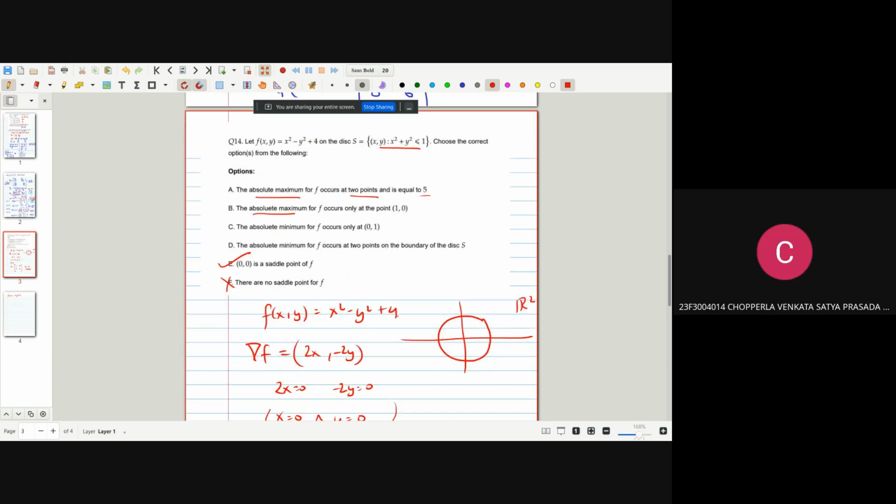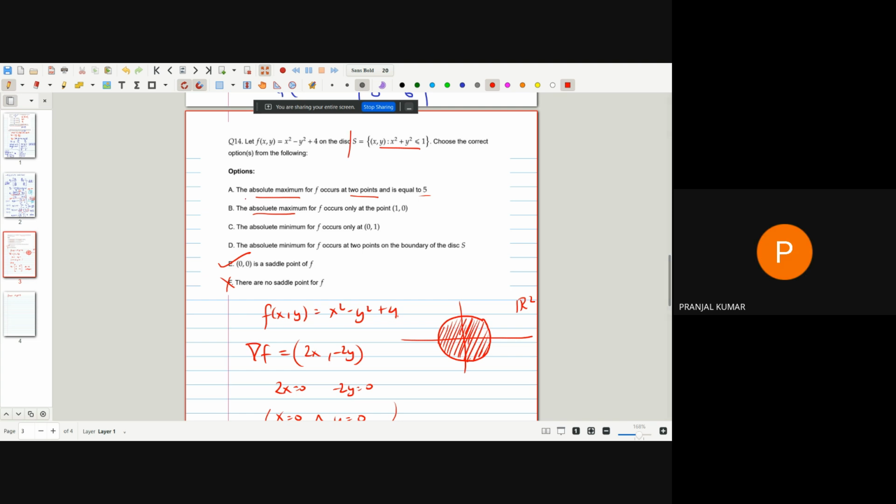Sir, I am just having a doubt. So this f equal to x square minus y square plus 4 on the disk, x square plus y square less than 1. What does that mean, sir? I didn't understand. They have restricted the domain.